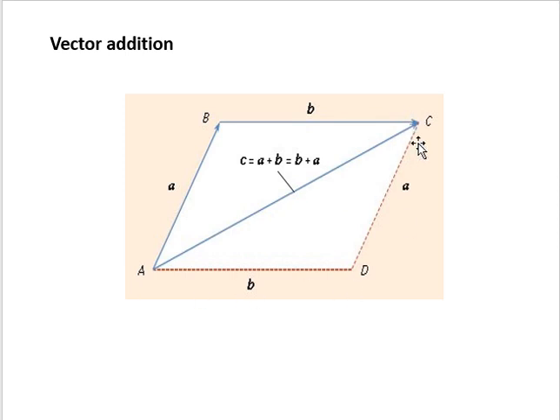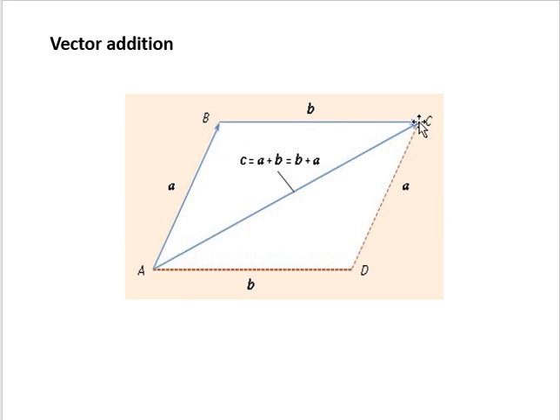If I want to go from point A to point C, I have to go first A to B and B to C. Or in this direction, A to D and D to C. A to D is vector b, and D to C is vector a, so obviously b plus a.